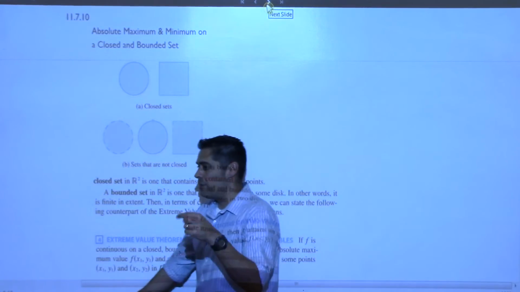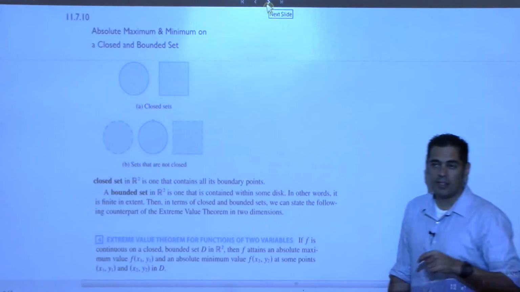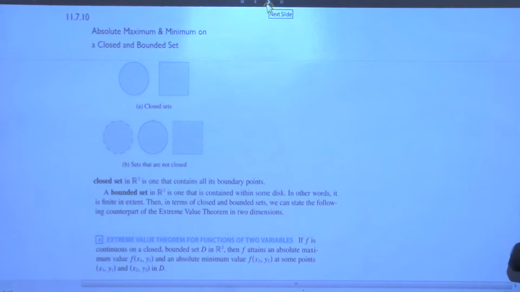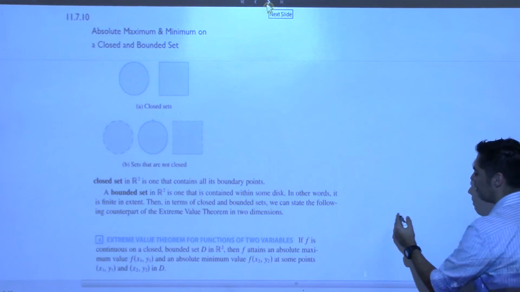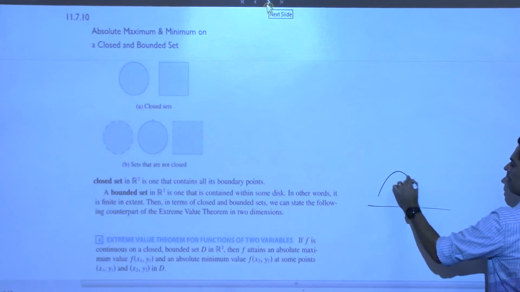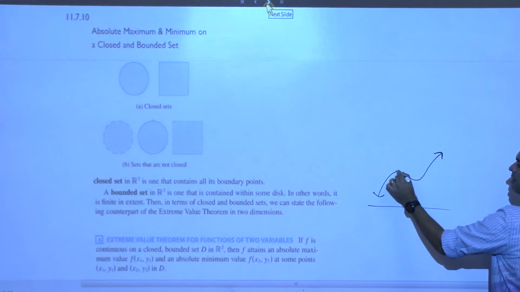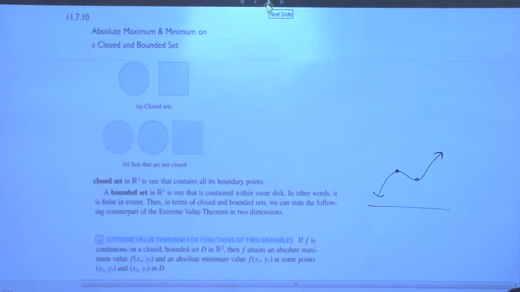If you remember from the beginning of last class, we're trying to find the maximum and minimum values of these functions. In the first part of this section, we did not have any restriction on the domain. That was just like in Cal 1 when we look at some function and try to find local maximums and local minimums.